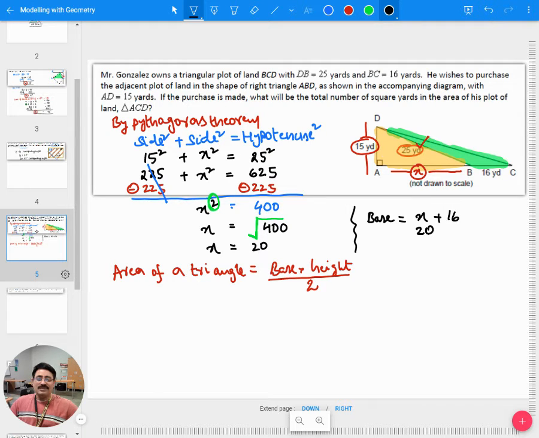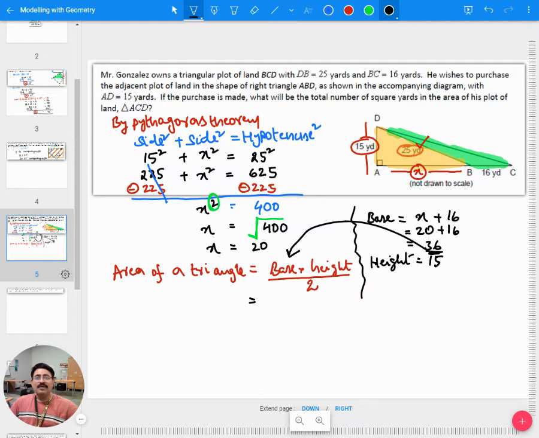Therefore, 20 plus 16 gives us 36. And next, what is the height? Height, I see that that is 15 yards. Now here onwards it's a cakewalk because we know base as 36.